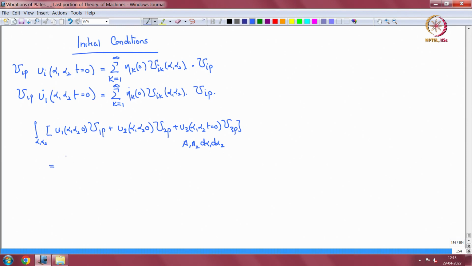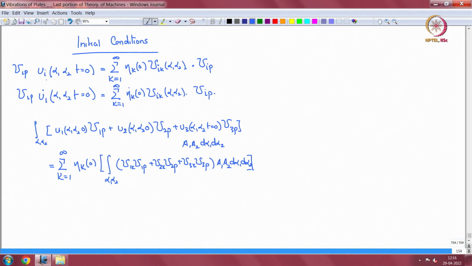On the right we have now a summation k going from 1 to infinity, eta k at 0 and integral alpha 1 alpha 2 u1k u1p plus u2k u2p plus u3k u3p a1 a2 d alpha 1 d alpha 2.